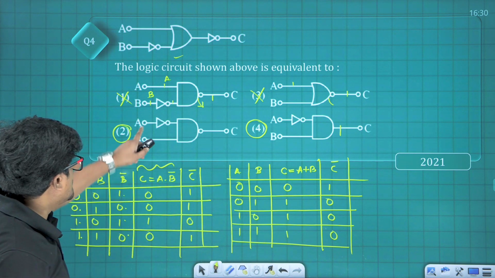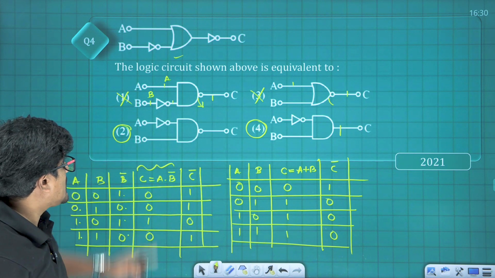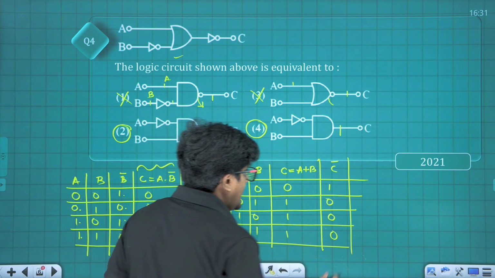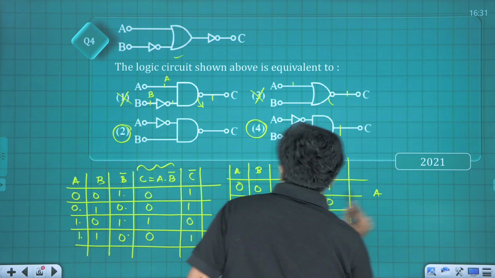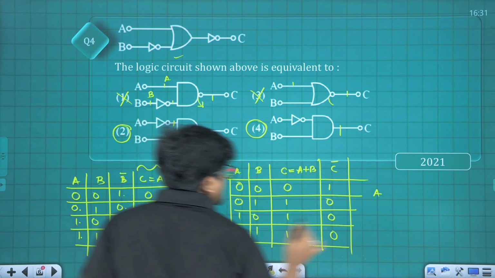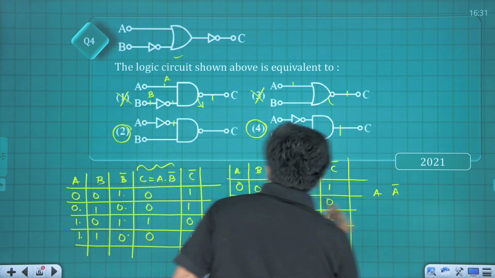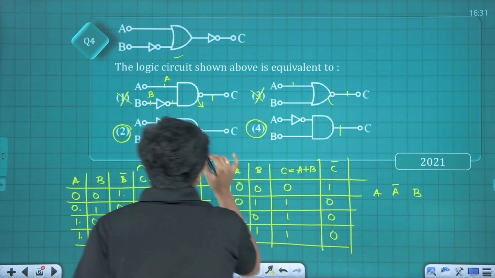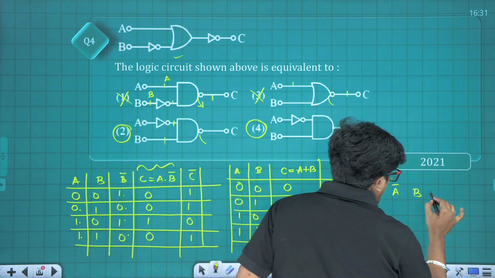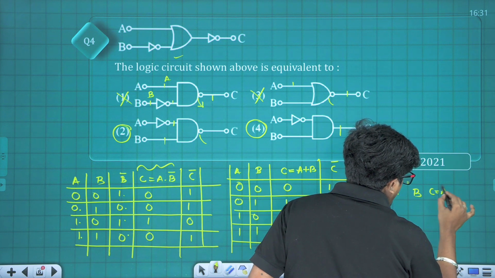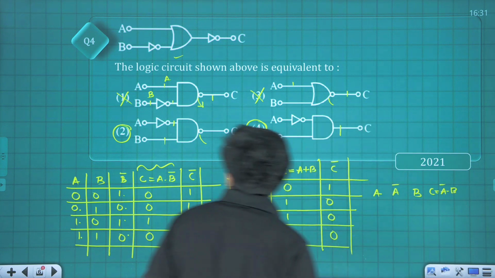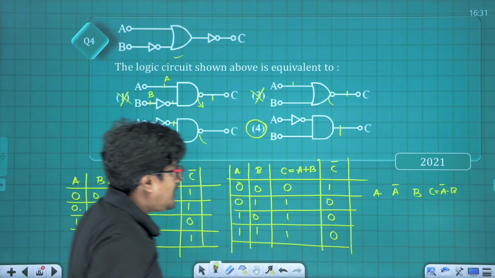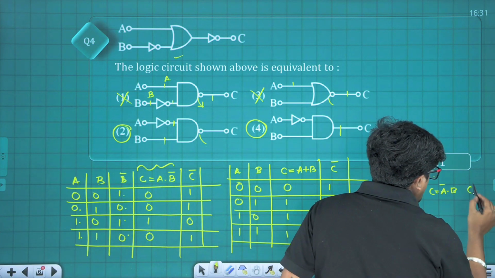Now let's come to this one, that means gate number 2. Again I have A here, and while reaching here it is A bar. Now I have B here. C equals A bar dot B. That is the output here, and after that it is C bar.